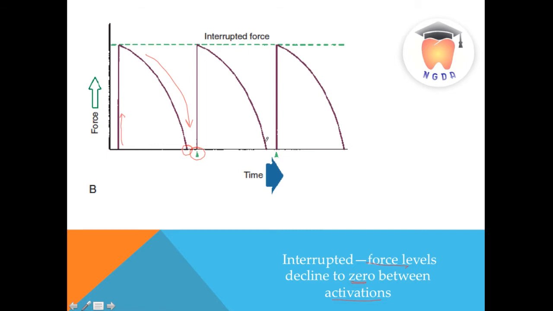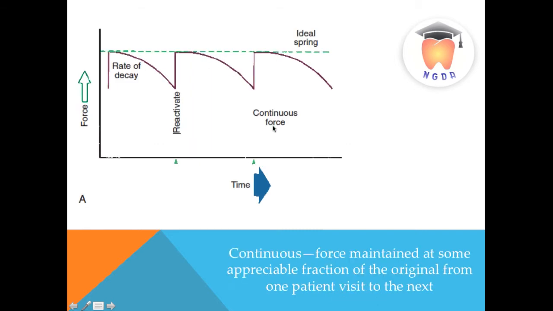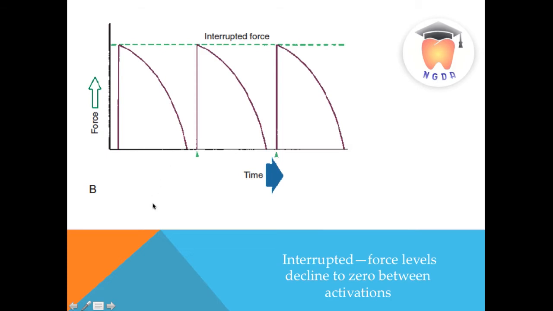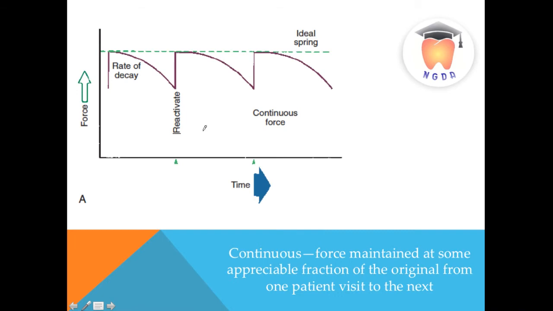Both interrupted and continuous forces are always applied by fixed appliances. You have to remember that. In interrupted the force becomes zero, and in continuous the force is maintained at some appreciable fraction. That is the difference between these two forces.